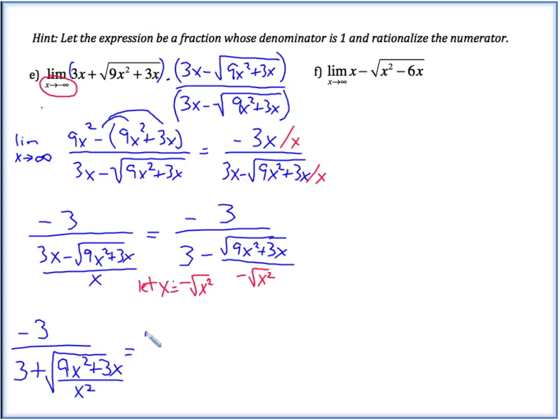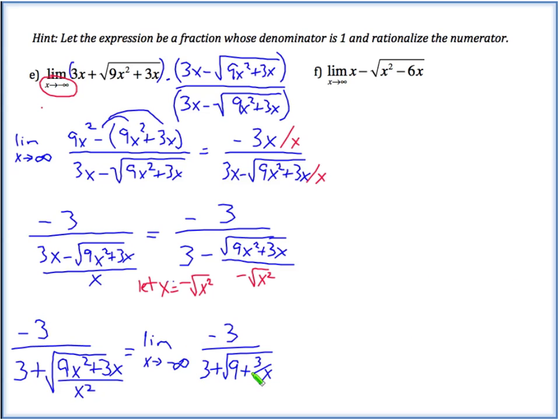So this is our last step. So we're going to write the limit as x goes to negative infinity of negative 3 over 3 plus the square root of, well, 9x squared over x squared is just 9, and 3x over x squared is 3 over x.